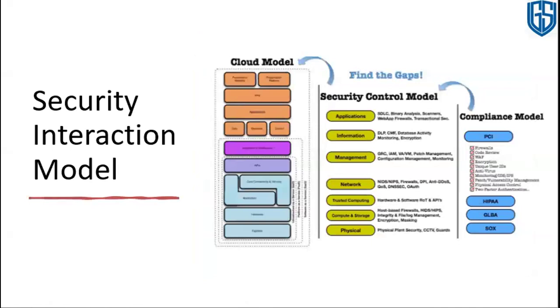Different security models are there, so we need to understand how exactly we'll be using them in the cloud model. First, these two things that we are observing: before the cloud model comes the security control model, and before the security control model, there will be a compliance model.